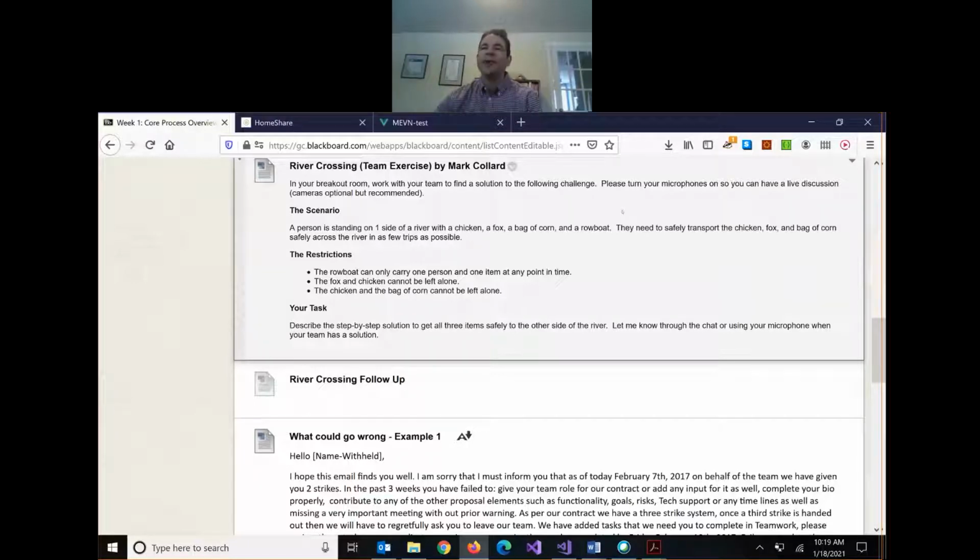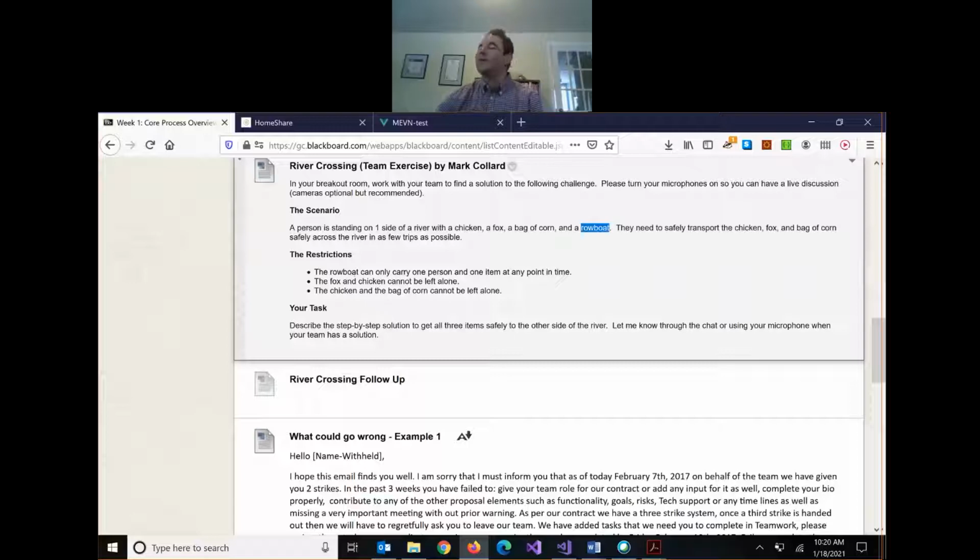So here's your scenario. Okay. A person is standing on one side of a river, and they have a chicken, a fox, a bag of corn, and a rowboat. They need to safely transport all these items across the river in as few trips as possible. But there are some restrictions. Number one, the boat can only carry the person and one item at a time.